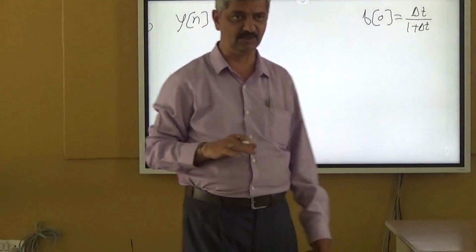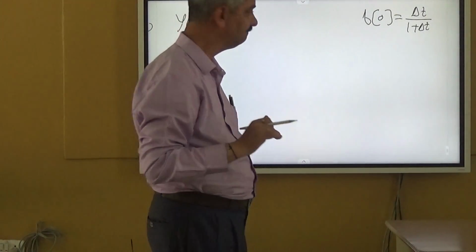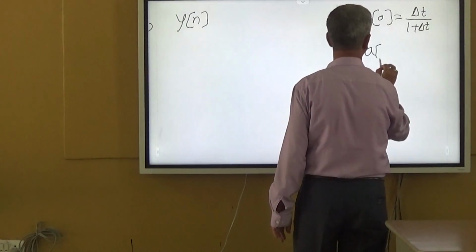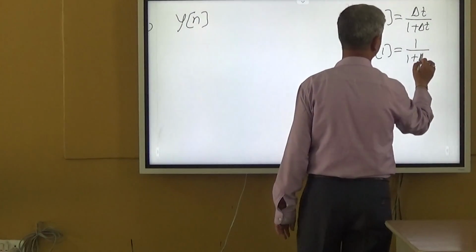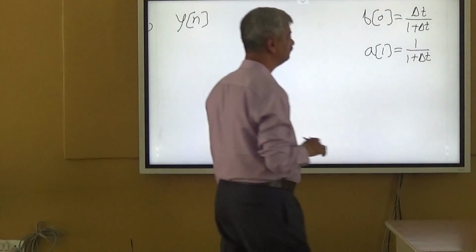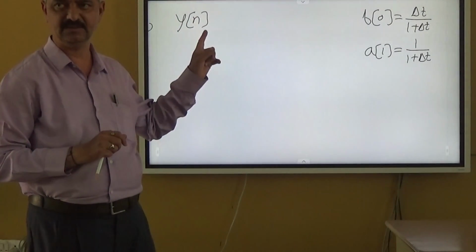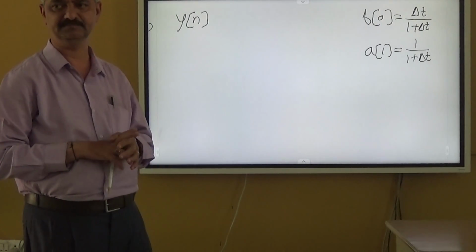Delta upon 1 plus delta. And what is a1? Is it right? 1 upon 1 plus delta.